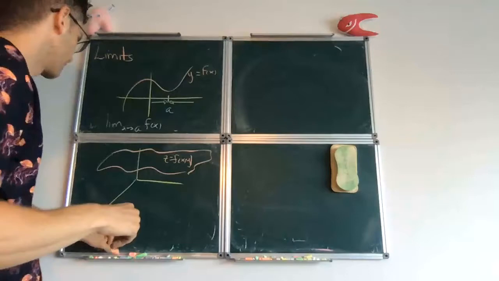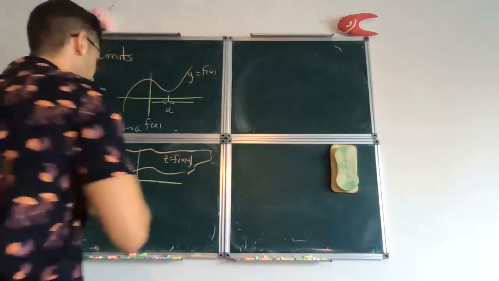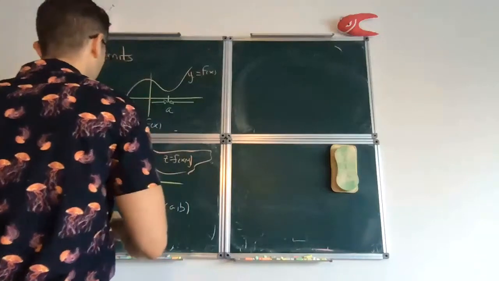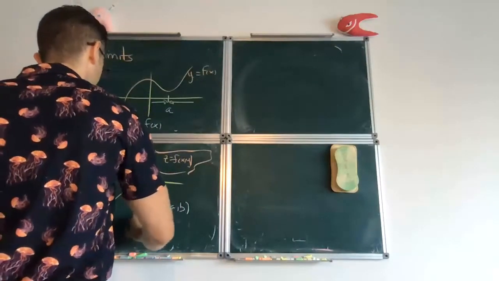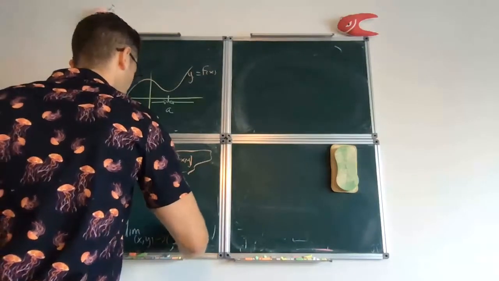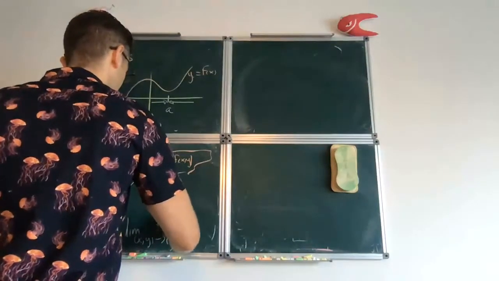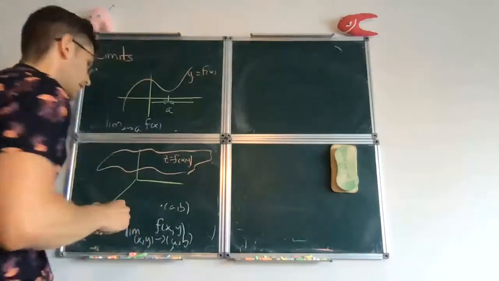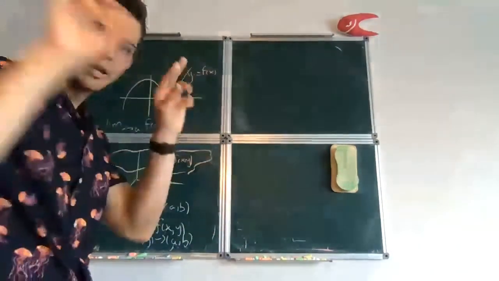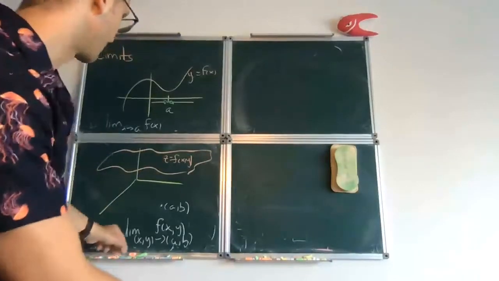And then when you have a point here, say (a, b), maybe you want to study the limit as (x, y) approaches (a, b) of f(x, y). But now the issue is that there are many ways to approach this point.